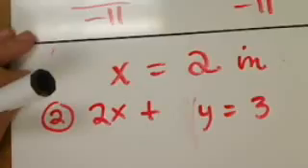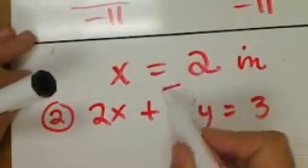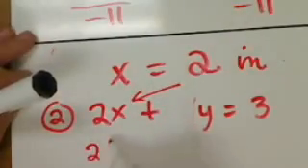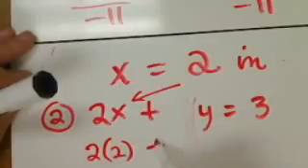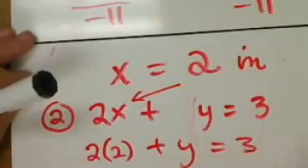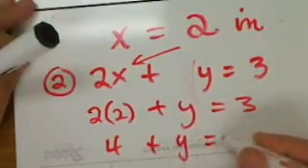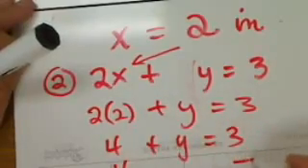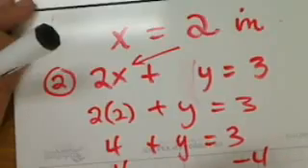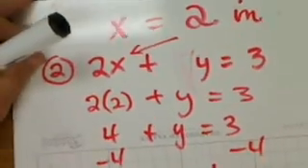And now I'm going to replace x with the 2 that I say x is equal to. 2 times 2 plus y equals 3. That means 4 plus y equals 3. Let's subtract 4 from both sides. y is equal to negative 1.